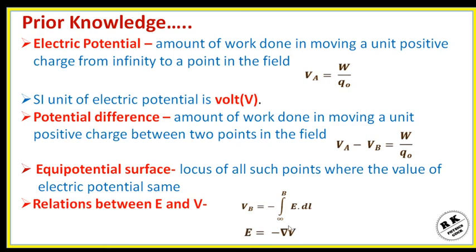Now let us move to the current topic, that is potential energy of a system of charges. In the case of a system of charges, let us consider an assembly of n number of charges, q1, q2, q3 and so on up to qn.